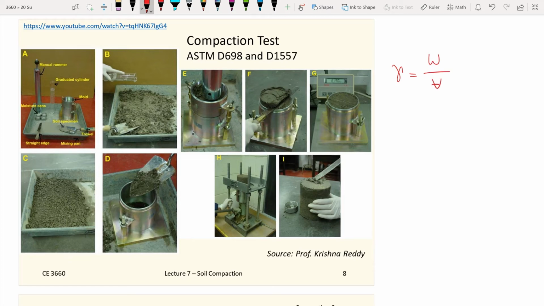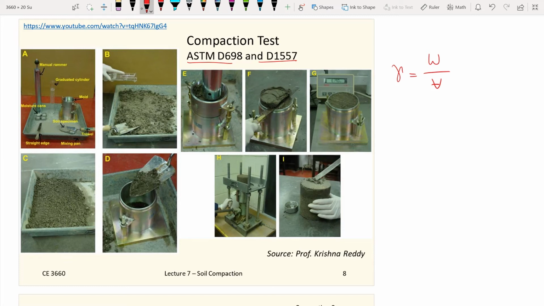So pretty much the whole concept of this test is you want to weigh how heavy the soil is within a confined volume, and the volume is standardized by the ASTM standards. The best reference for those compaction tests is ASTM D698 and also D1557.